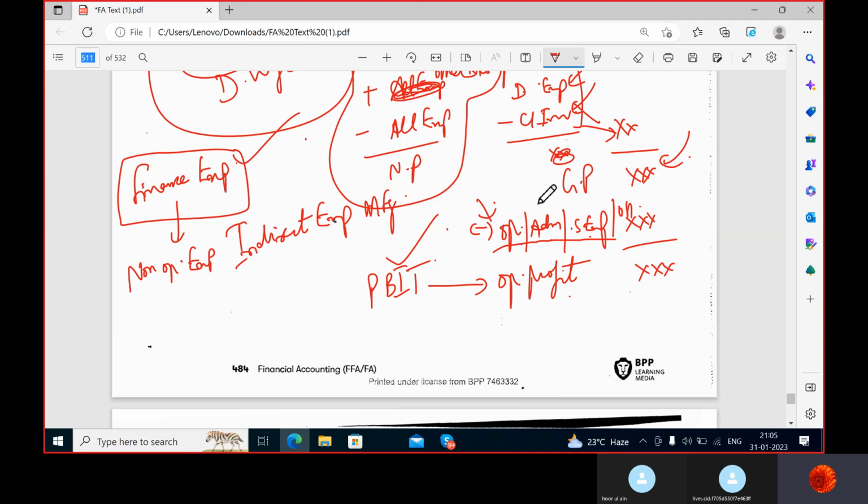If you are paying the office rent, you are paying rent for your business which you are operating, and it's an operating nature expense. If you are paying legal charges, printing and stationery, postage and telegram, all these are operating administrative expenses. Or if you are paying for marketing, promotion, branding, advertisement, those are called selling expenses.